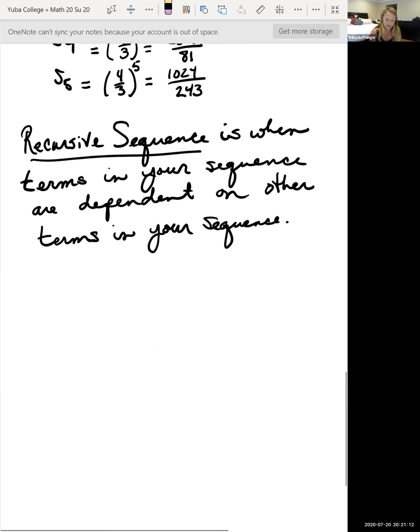So if it's a recursive sequence, basically when they give you the formula, they also have to give you some information about the terms. So if we want to find the first 5 terms of a recursive sequence, in this example, we're given that a sub 1 is equal to 3, and our nth term, a sub n, is equal to 4 minus a sub n minus 1.